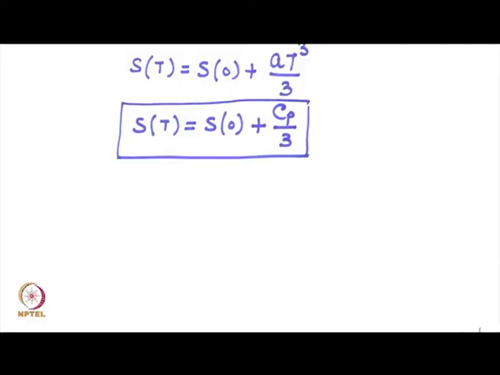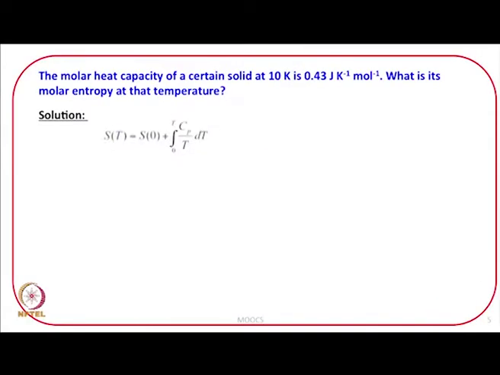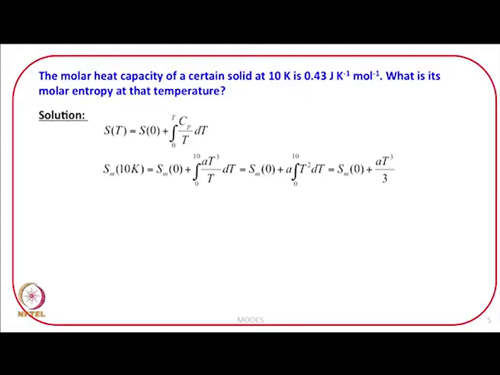So, let us now go back to the slide. We will use this equation, and as I just discussed, you solve this integral, and the entropy at 10 Kelvin can be calculated if I know entropy at 0 Kelvin plus A T cube by 3.